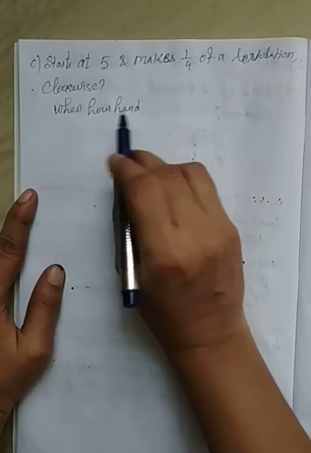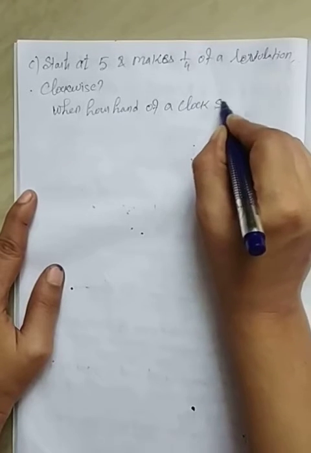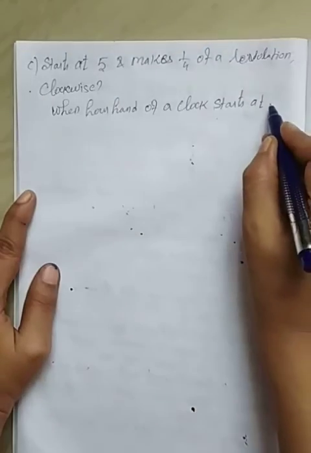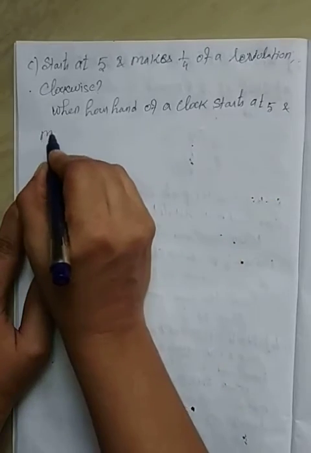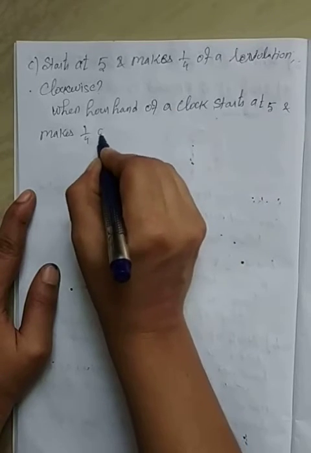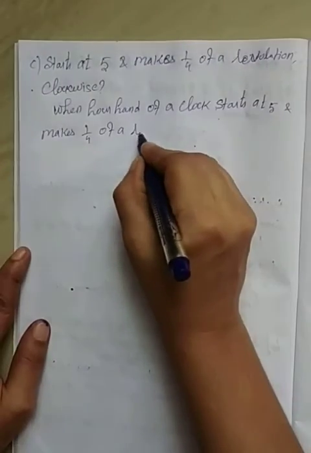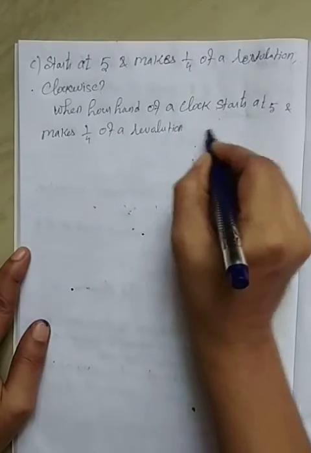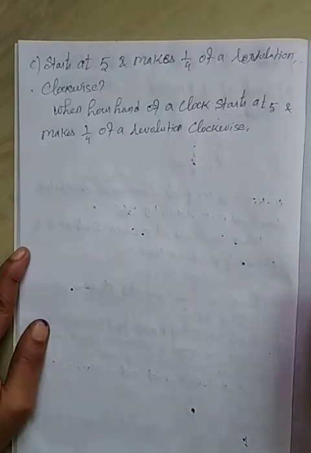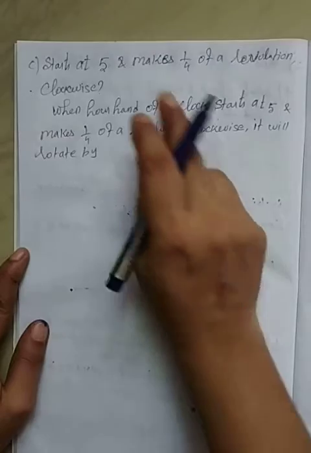When the hand of a clock starts at 5 and makes 1 by 4 of a revolution clockwise, it will rotate by 90 degrees. You know that a right angle is 90 degrees.